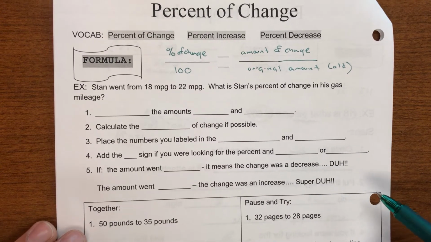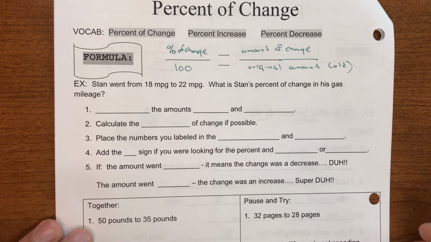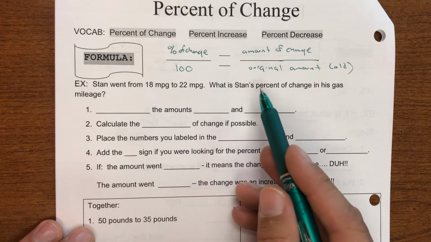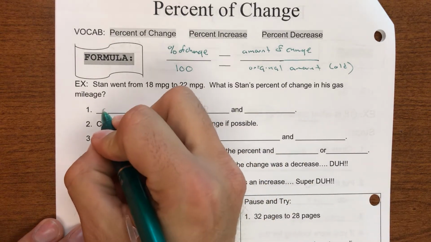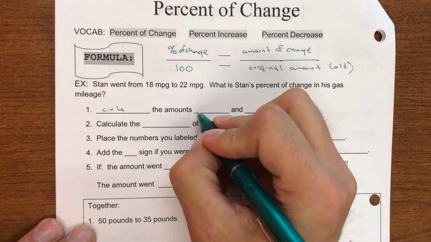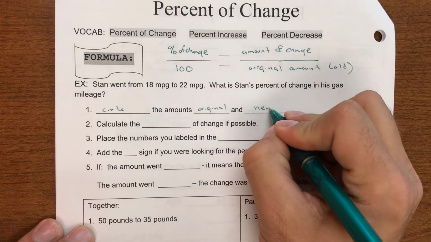So as far as solving these proportions go, it's basically what we've done already. Stan went from 18 miles per gallon to 22 miles per gallon. We're looking for his percent of change. So, to kind of start, if it helps you out, we're going to circle the amounts. And what we're really looking for is the original amount and the new amount.